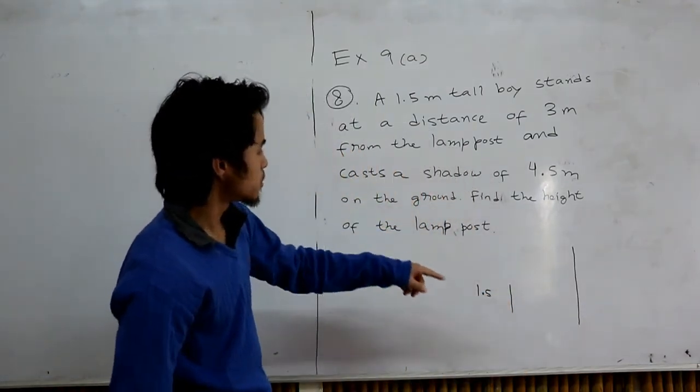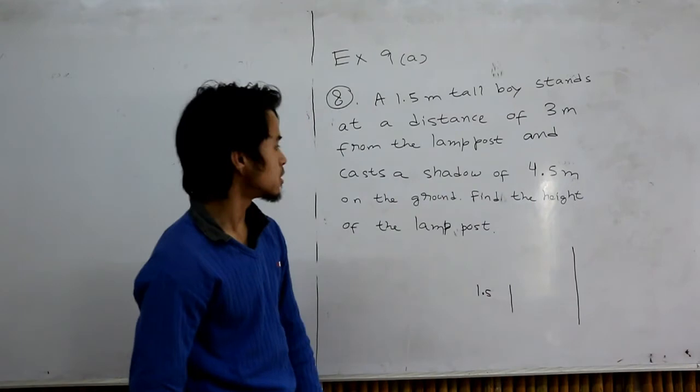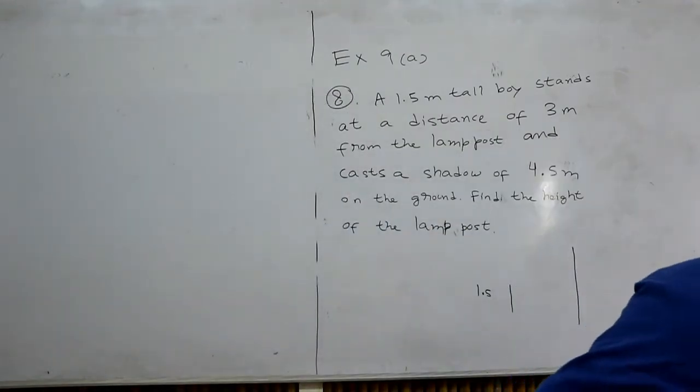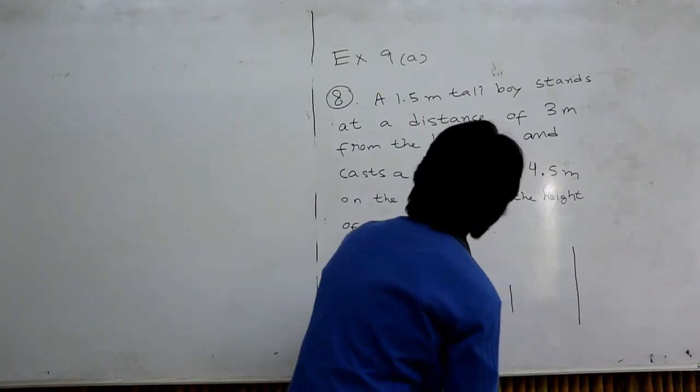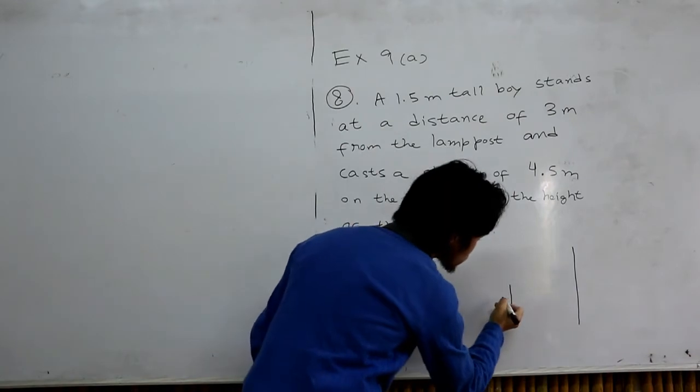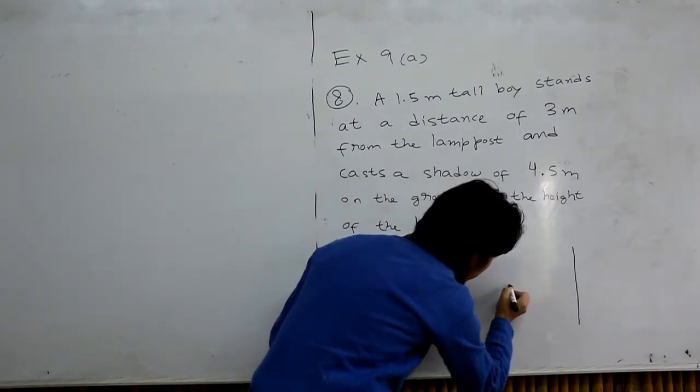Because this lamp post is giving off light, we'll have a shadow of the boy, and that shadow will be cast on this side. So let me draw that.